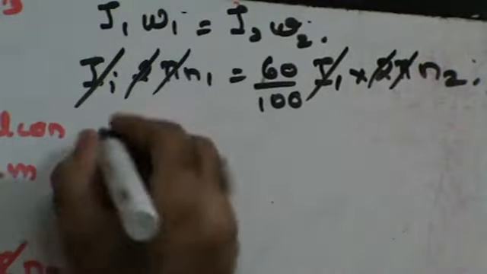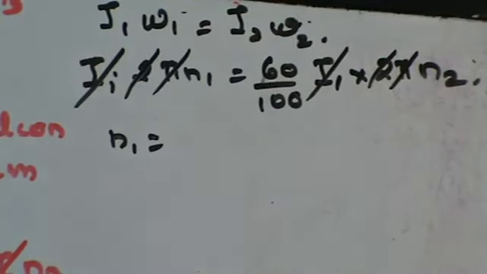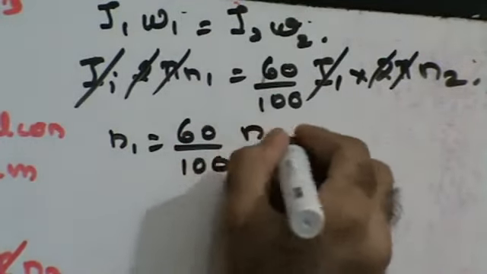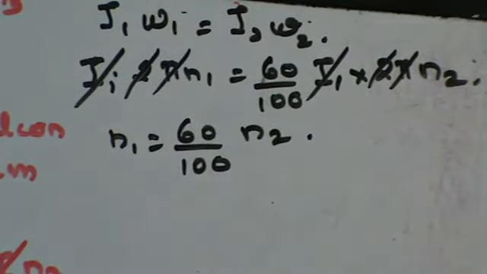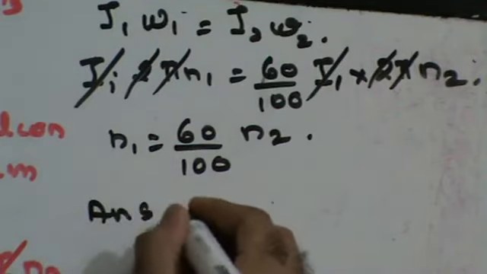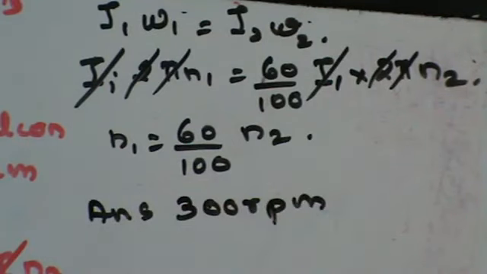That leaves you with n1 is 60% of n2. Right? You should be able to get the answer for this. Your answer should be 300 rpm. Next, take on next one, please.